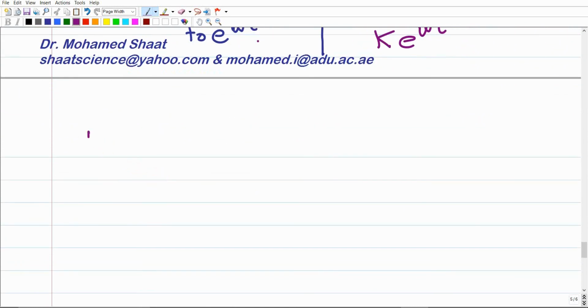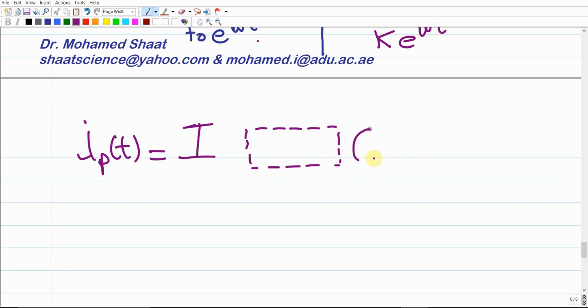So generally speaking, we can end up with the particular solution of the current, or the steady state solution of the current. It's going to be a constant I times something of omega t minus psi.